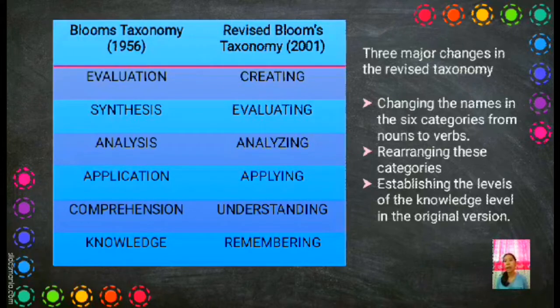For example, evaluation was in the higher order thinking skills in the old version, while in the revised Bloom's taxonomy it is second in line, and creating became the higher order thinking skill. So those are the three major changes in Bloom's taxonomy.